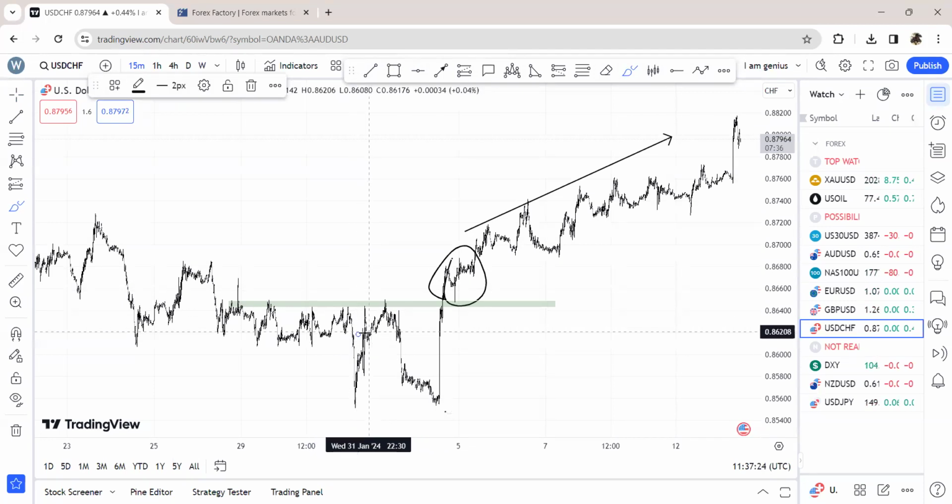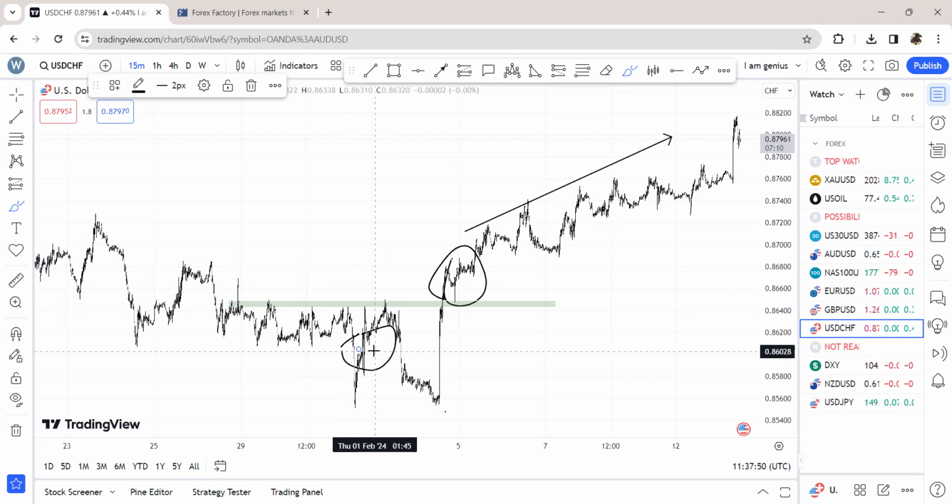Okay, it was somewhere right around that level. By the way, just a side note, the impact in most instances is not always immediate. It's not like you can see the impact right after the news release.